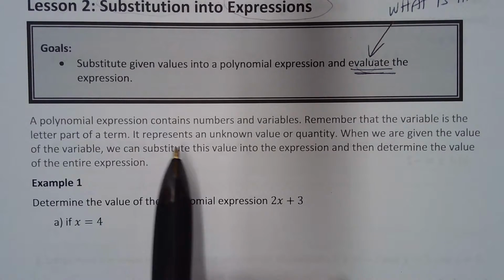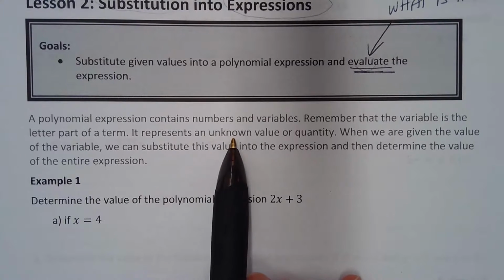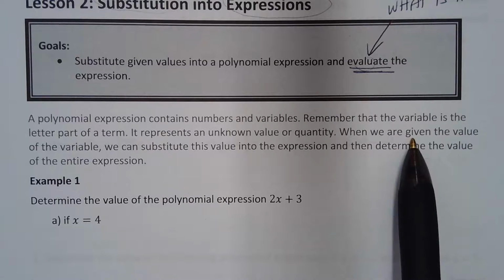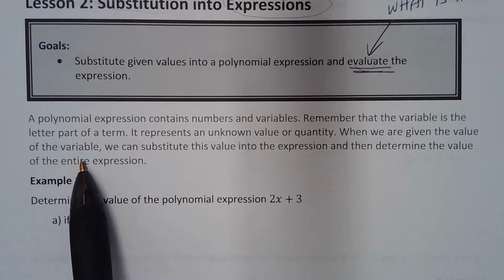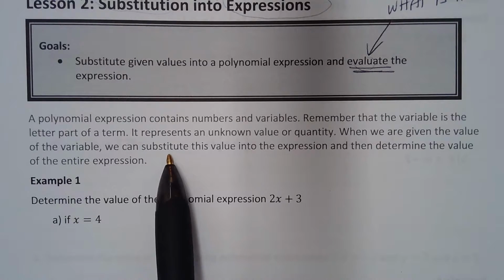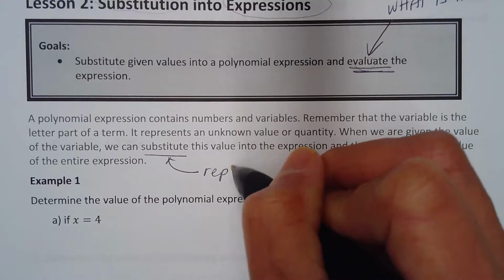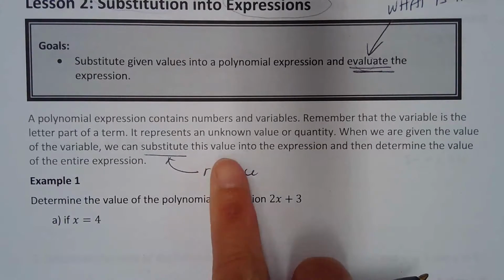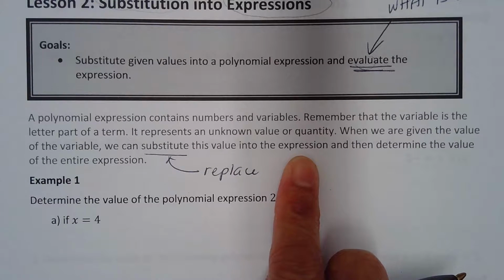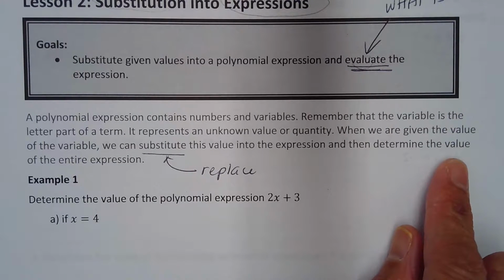It represents an unknown value or quantity. When we are given the value of the variable, we can substitute. Substitute means replace. We can replace this value into the expression, and then once we've replaced something, we can determine the value of the entire expression.